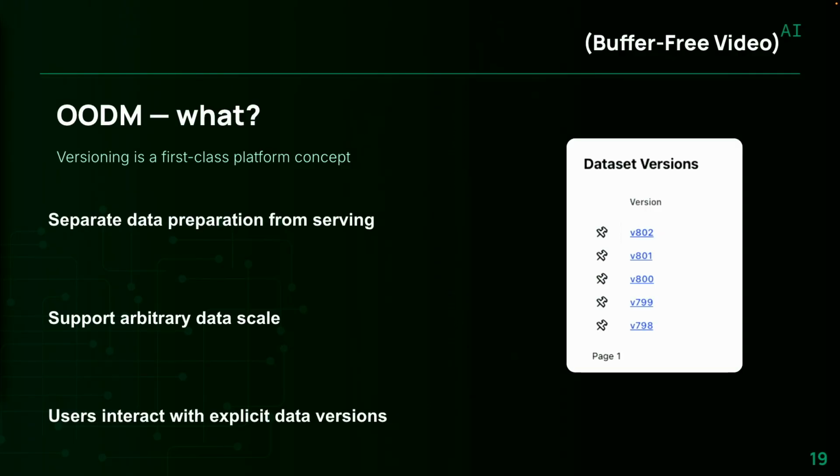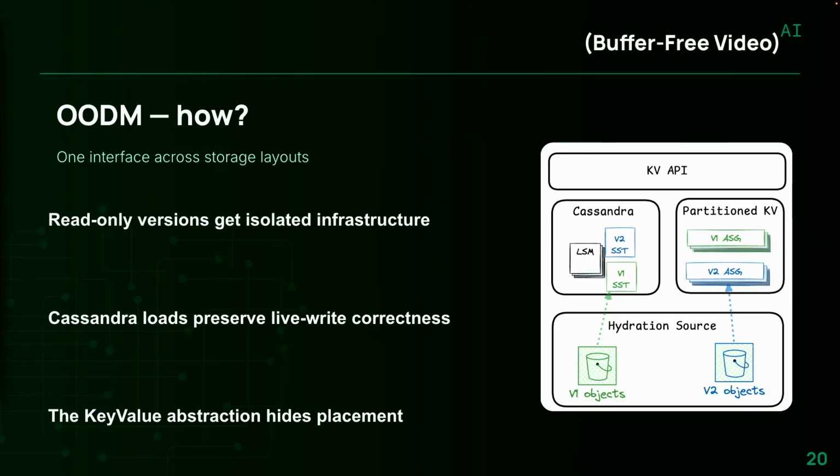So the core thing here is that users are interacting with specific versions that are prepared offline through large Spark jobs or other big compute jobs that can consume from big pipelines and figure out a set of data that then is going to be served online later. And the key point is isolation.